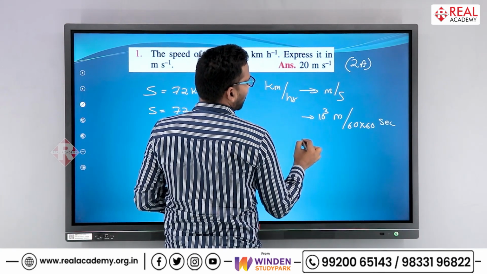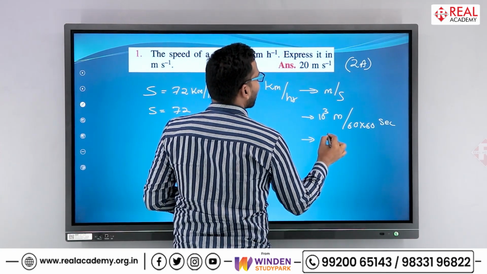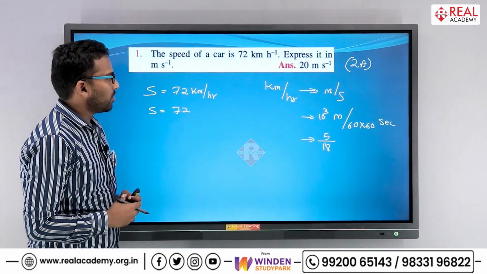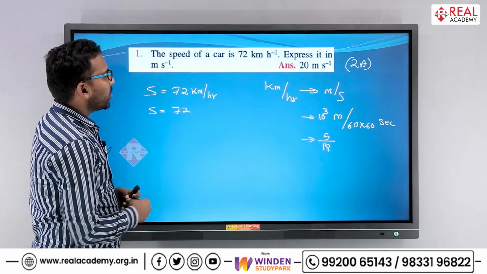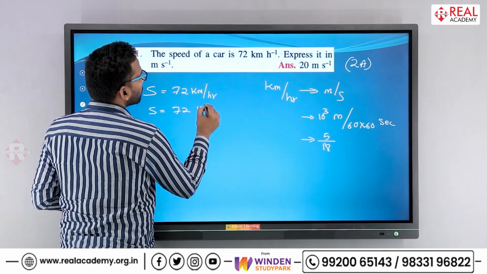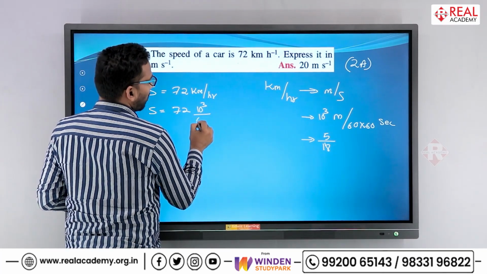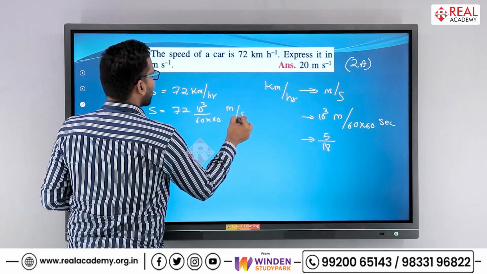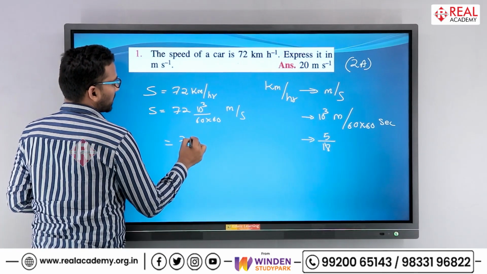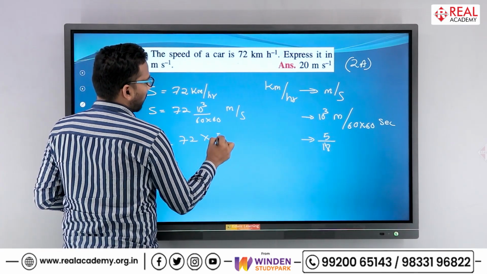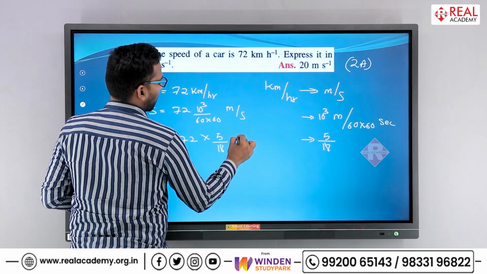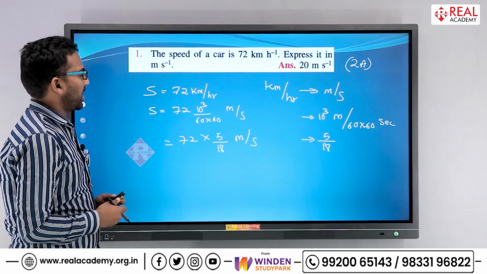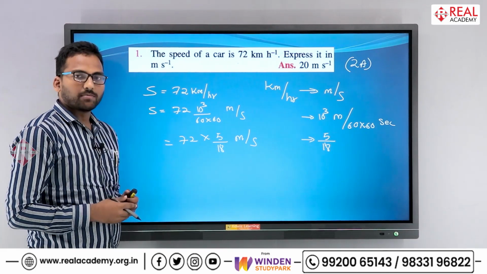And if you divide this term, you will get the answer as 5 by 18. Okay. So just simply you can go with 10 raised to 3 upon 60 into 60, that is meter per second, or else you can simply go by 5 by 18 meter per second. Okay, 5 by 18 meter per second.